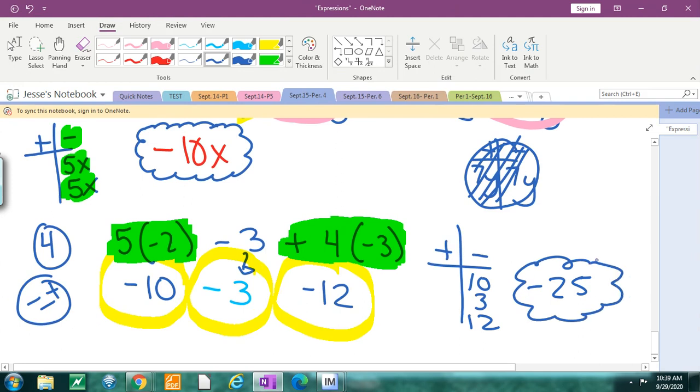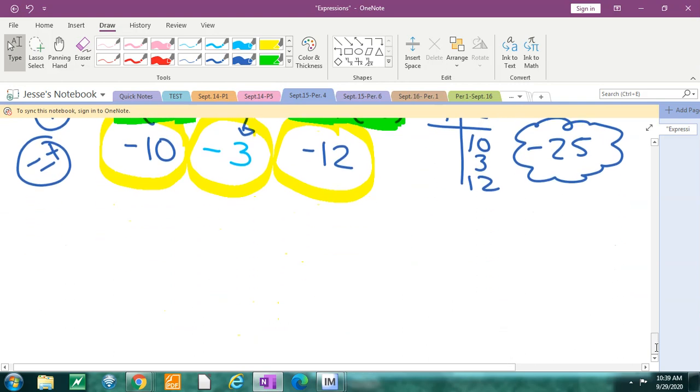That's all we're doing. So, okay, number 5. Coefficient. Some people got it wrong. What's the coefficient?